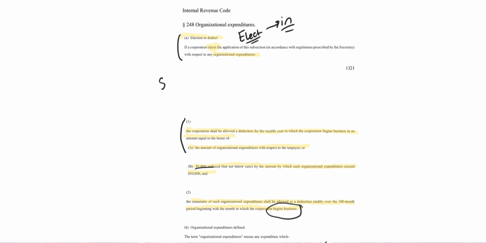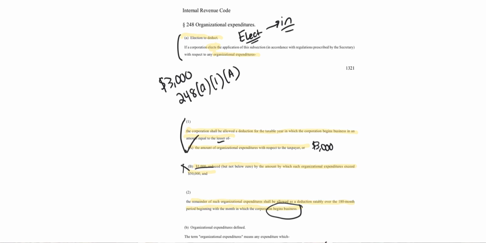So all $3,000 would be able to be deducted under 248(a)(1)(A). And the reason why it's A is because it's the lesser of this, which is $3,000, or $5,000. So it wouldn't be B, it'd be A.